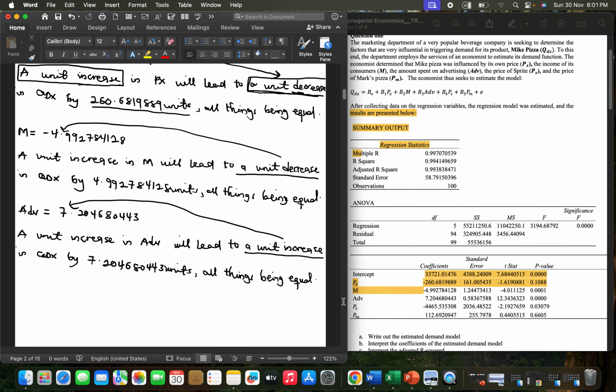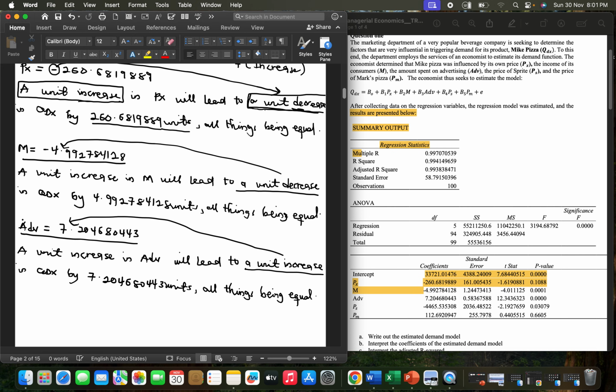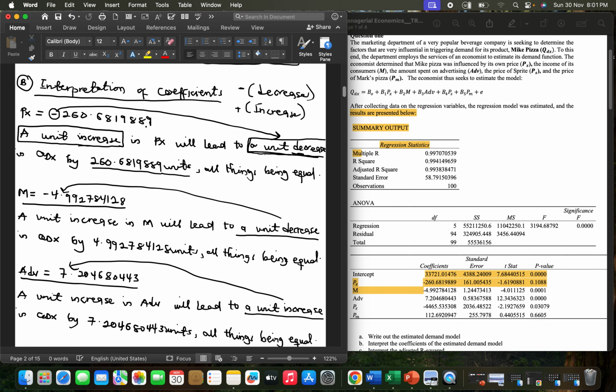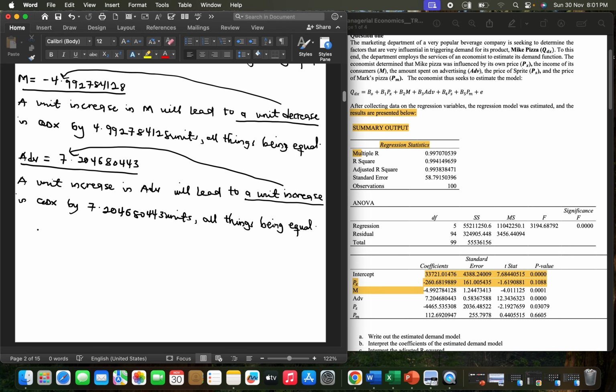Then the next item is PS. So this was income, this was for adverts. Let me underline it so that you know the ones we've done so far. This one was for PX. The next one is PS. PS is minus 4465.535308.